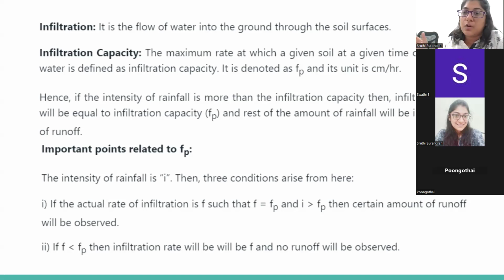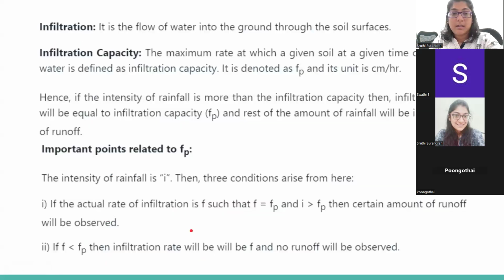So 5 centimeters of water will go into the soil because it has got a higher capacity. So in that case, the infiltration rate will be equal to the rainfall intensity and will be less than the infiltration capacity. So these two are some things that you have to understand, link, and learn.